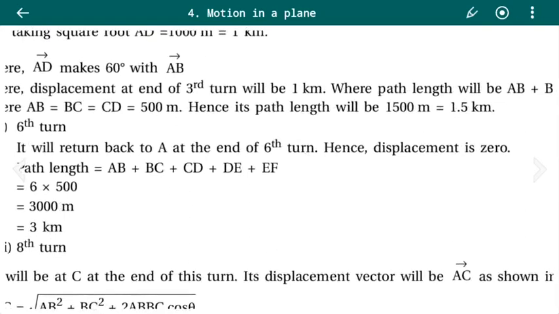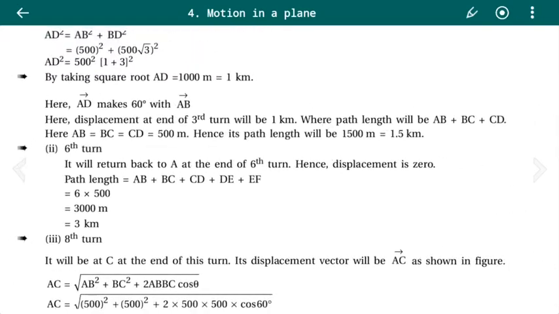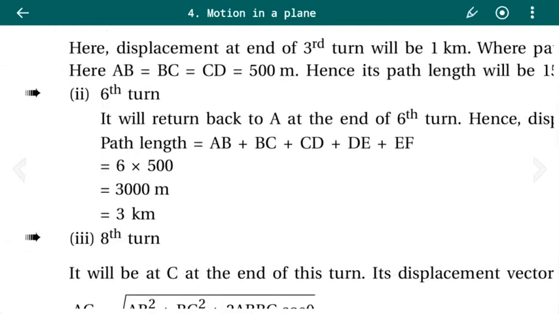Now let us take the case of the sixth turn. At the sixth turn it will return back to A. So displacement is 0 because the initial position and final position of the motorist will be the same. And path length is AB plus BC plus CD plus DE plus EF, that is 6 into 500, which is equal to 3000 meters, that is 3 kilometers.